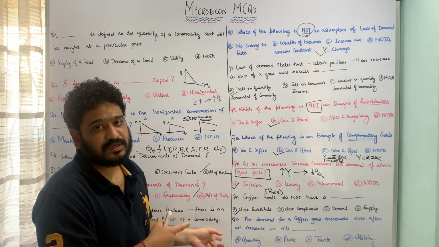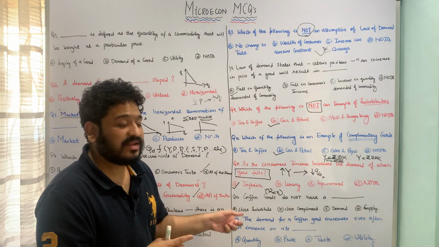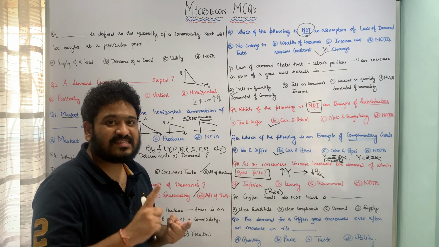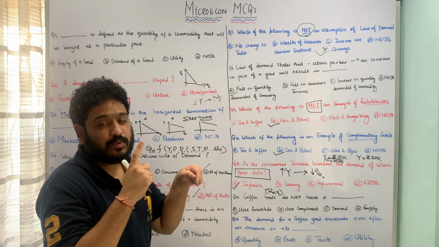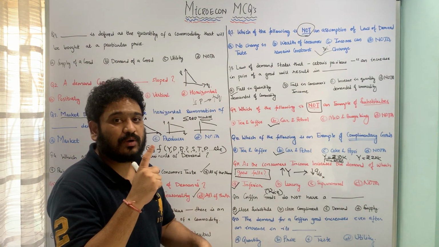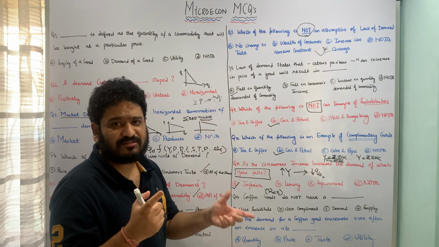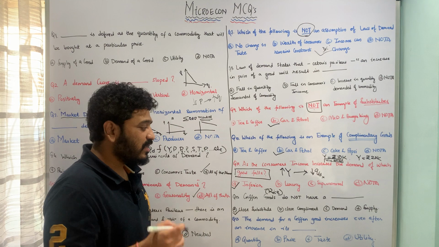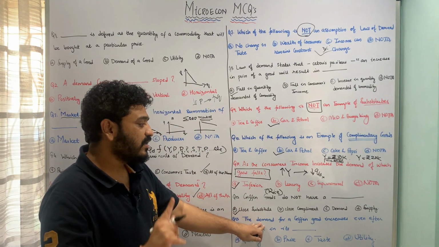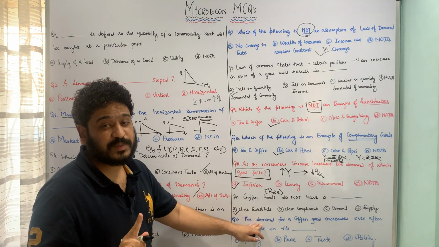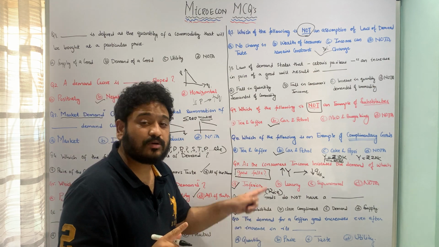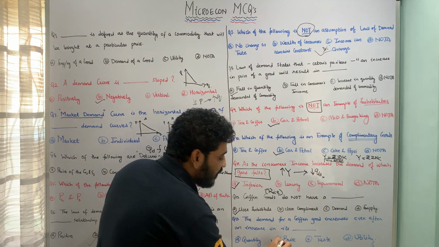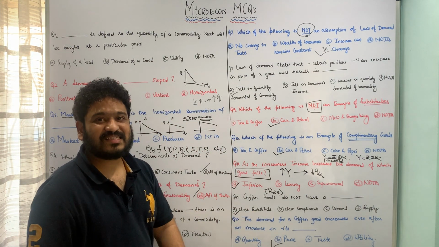This is an exception to the law of demand, which says that whenever there is an increase in the price of a commodity, the quantity demanded is going to fall. That is what the law of demand says, ceteris paribus. But in the case of Giffen goods, with an increase in the price, the quantity demanded is also going to go up. That is why option B, price, is the correct answer.